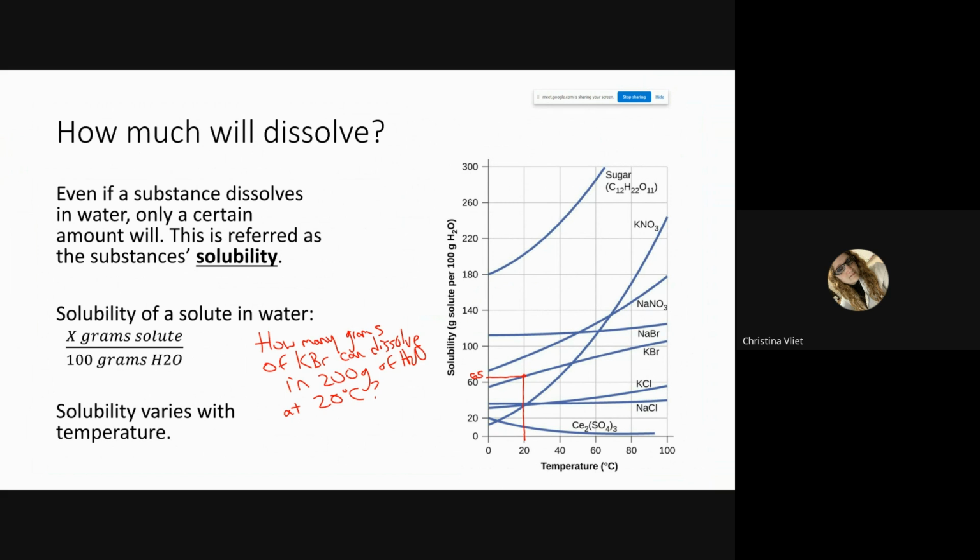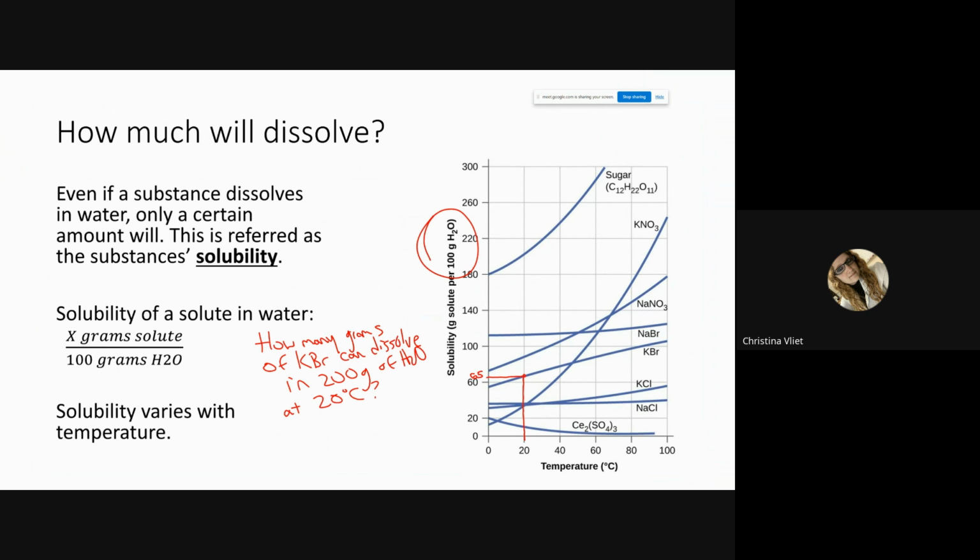But what does that mean? 65 grams of KBr dissolves in 100 grams of water. So you gotta be careful here, because the trick is you're being asked how many dissolves in 200 grams. So if I have double the amount of water, then how much will dissolve? That is the idea. And that's actually a lot of the math and chemistry, is that type of thinking.